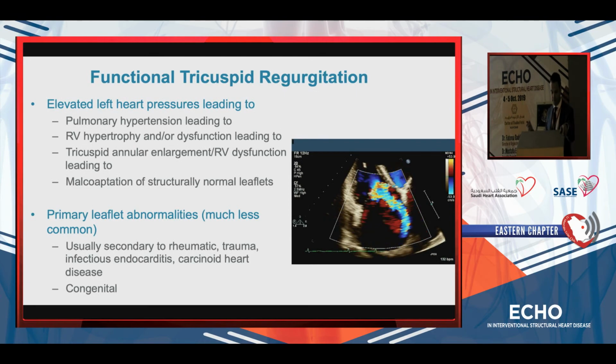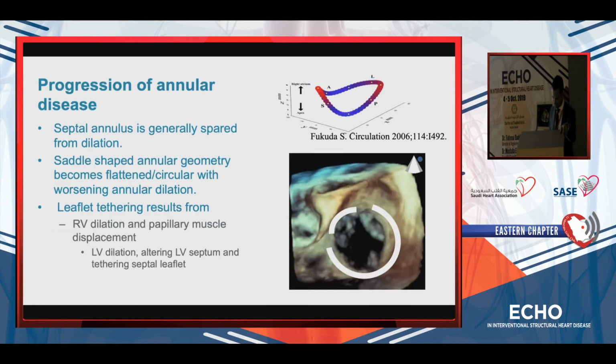It leads to hypertrophy and dilatation of the tricuspid annulus and RV dysfunction, and this causes malfunction of the leaflets itself. And on the other hand, a small portion of these patients really have a leaflet problem, a leaflet abnormality, which can be congenital or due to rheumatic endocarditis or trauma.